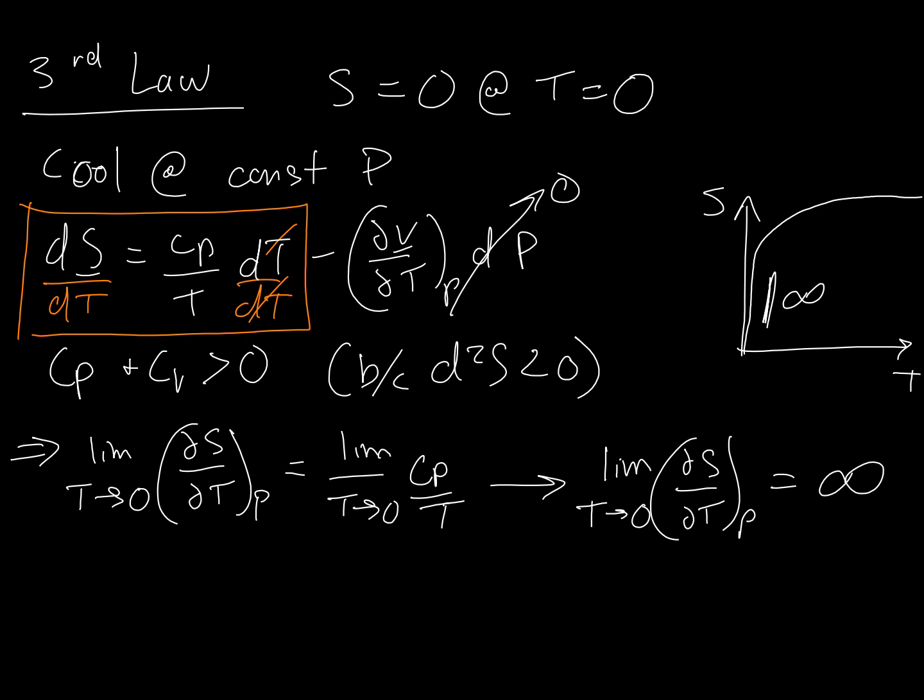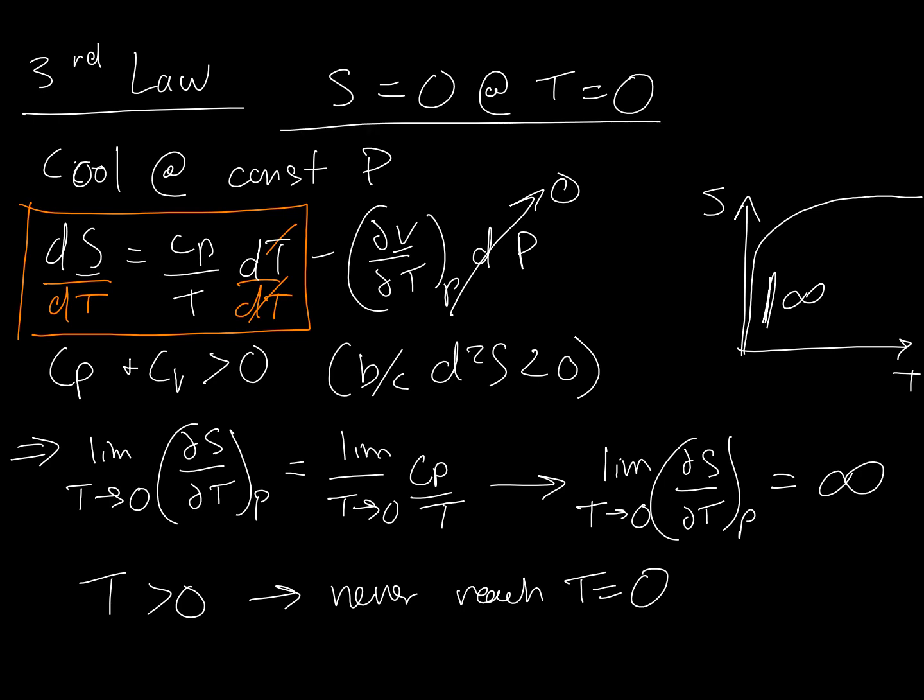But the end conclusion is that the temperature always has to be greater than 0, and you can never reach T equals 0. That's the end conclusion, which is basically just the statement of the third law.